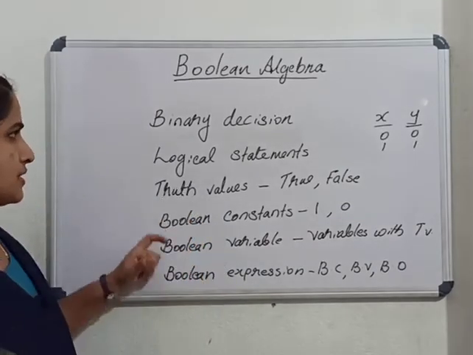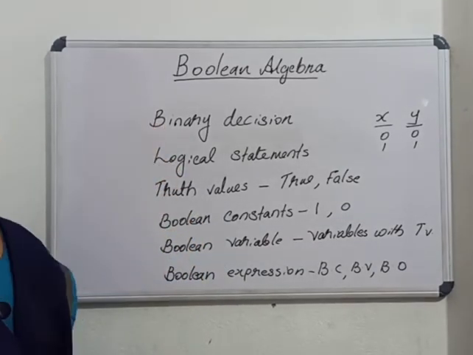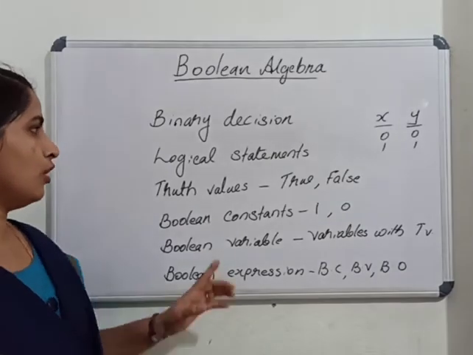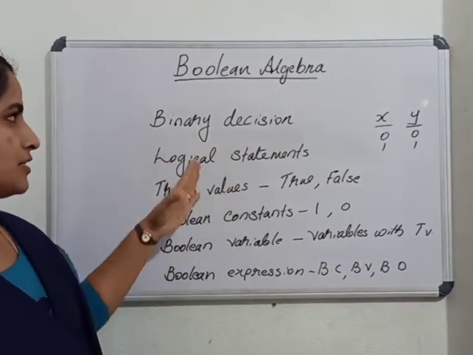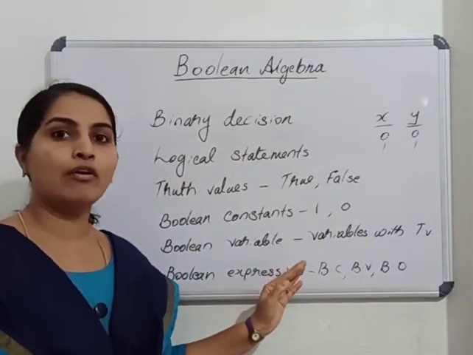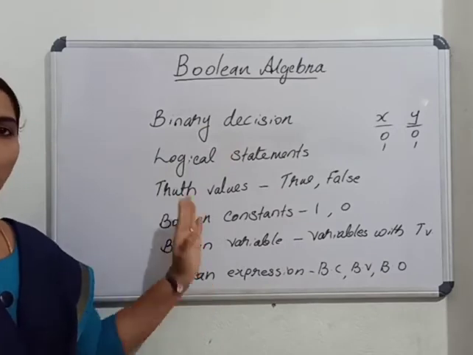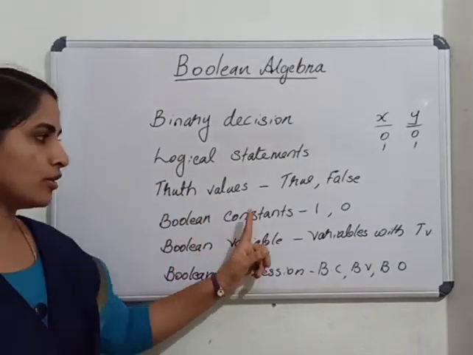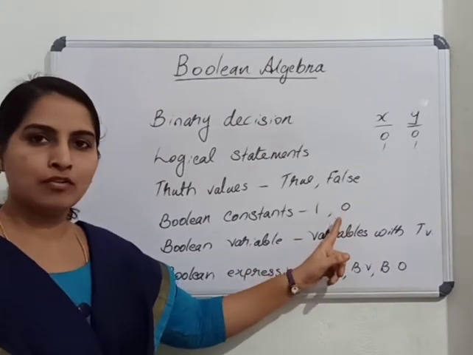Let's just revise everything. Binary decision means a decision which produces true or false or yes or no. Logical statement and binary statement are both the same. The truth value is the result of a binary decision or a logical statement, and Boolean constants are 0 and 1.